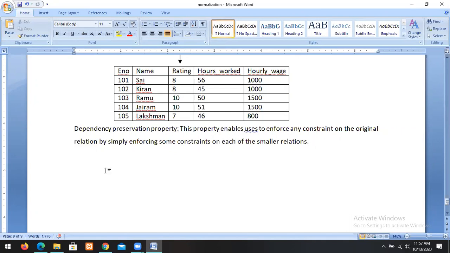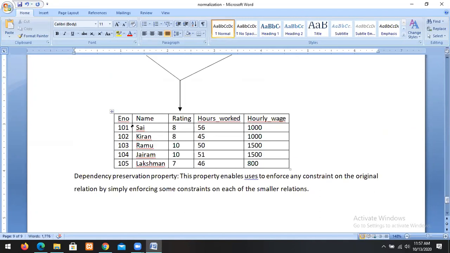For example, suppose this is a relation, and there are some constraints on this relation. Let's go for an example.